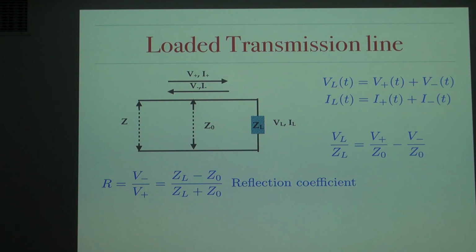So I calculate the ratio of the voltage going left divided by the voltage going right, and this ratio is what usually, quite intuitively, we will call a reflection coefficient, and the reflection coefficient is completely described in terms of the impedances. So this is the impedance of a load minus the impedance of the wire divided by the sum of those impedances. So that is the reflectivity coefficient.